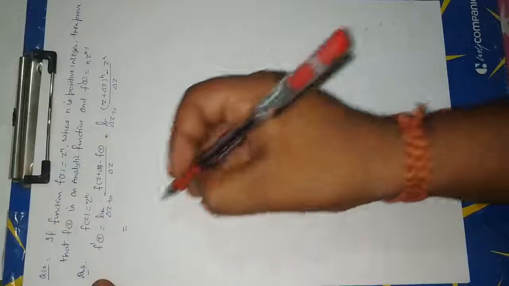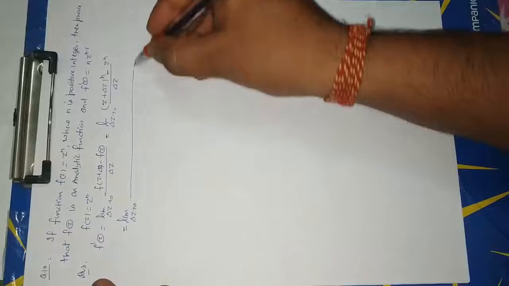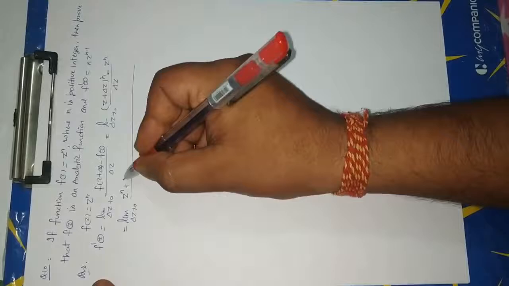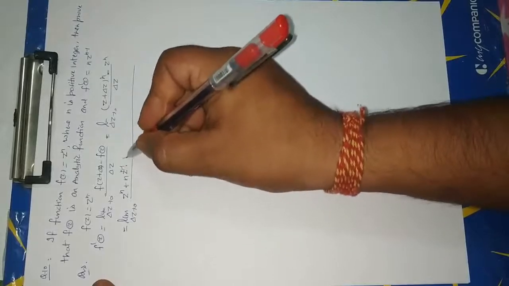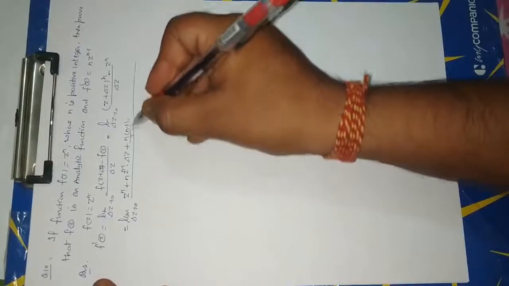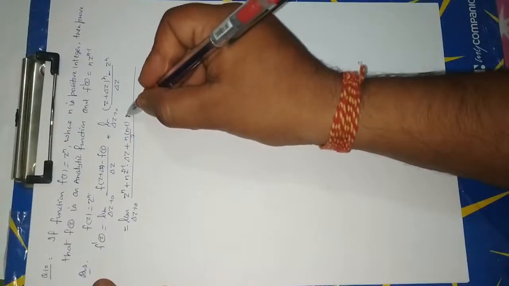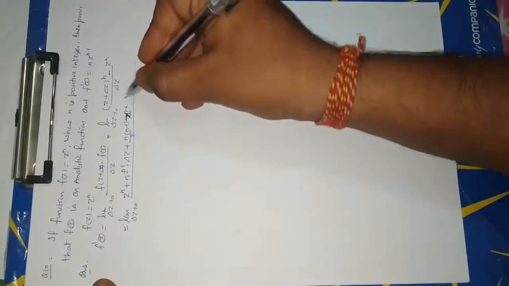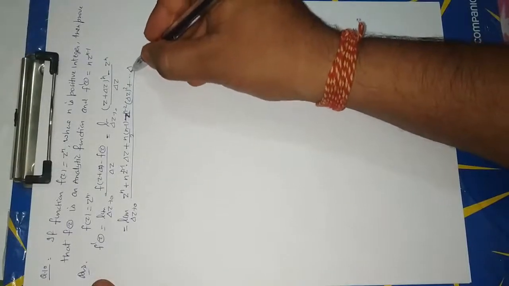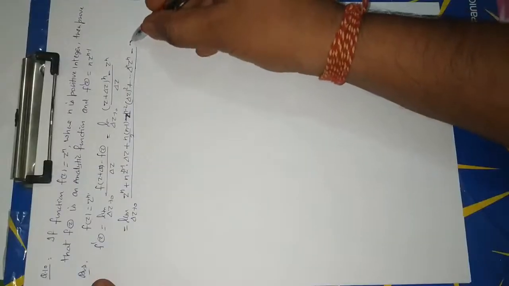We apply the binomial theorem, limit delta z tending to 0. Now (z to the power n plus n z to the power n minus 1 into delta z plus n(n minus 1) upon 2 z to the power n minus 2 delta z whole power 2 plus up to delta z to the power n) minus z to the power n.